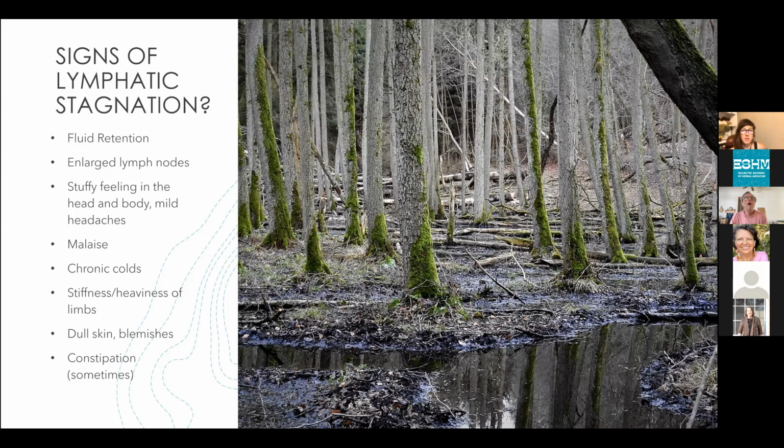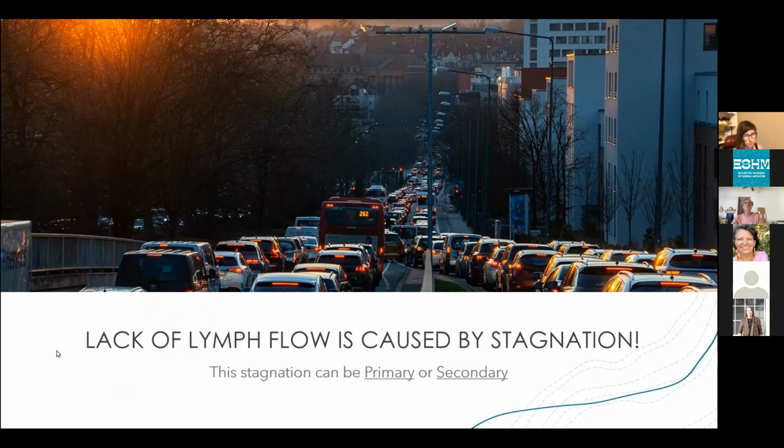We're talking about the constipation that comes in the damp. It's not that the stool is dry necessarily, it's that it's kind of stuck in there because there isn't a lot of tone and there's a lot of moisture. So that's thinking about pastier stool. So lack of lymphatic flow as stagnation is the primary tissue state.